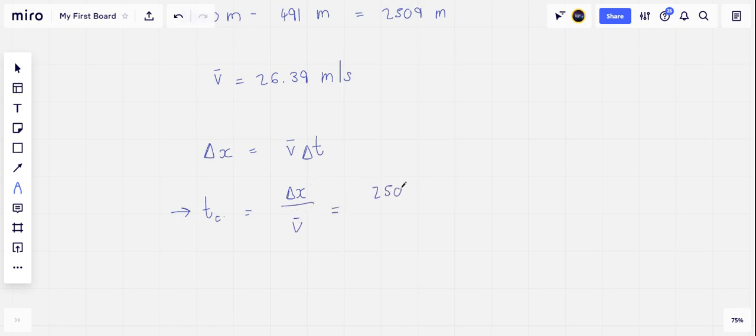That's 2,509 meters divided by 26.39 meters per second. This gives us the time at which the train travels at constant speed to be 95.07 seconds.